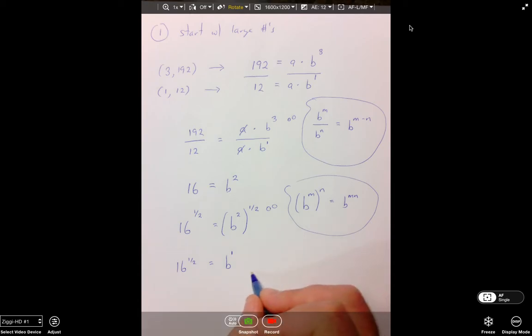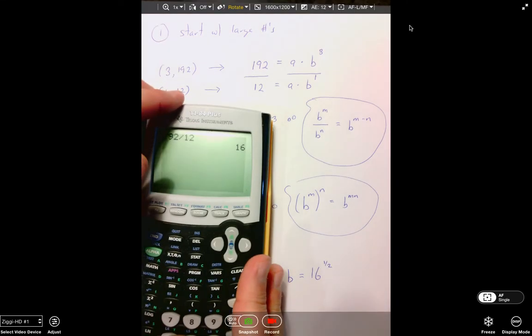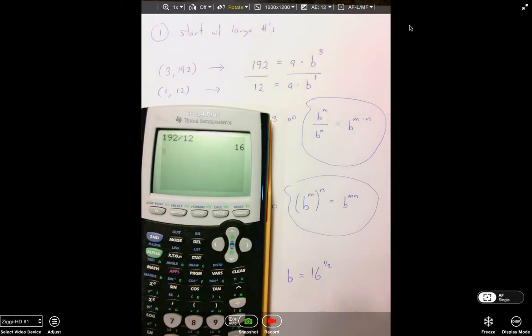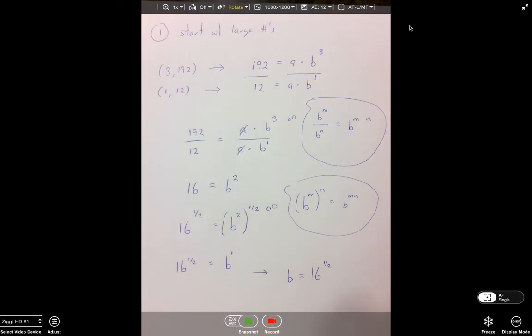So guys, from all this, I know that b has to be 16 to the 1/2 power. I can use my calculator. To the 1/2 power, you probably know what the answer is, so b is going to be equal to 4.